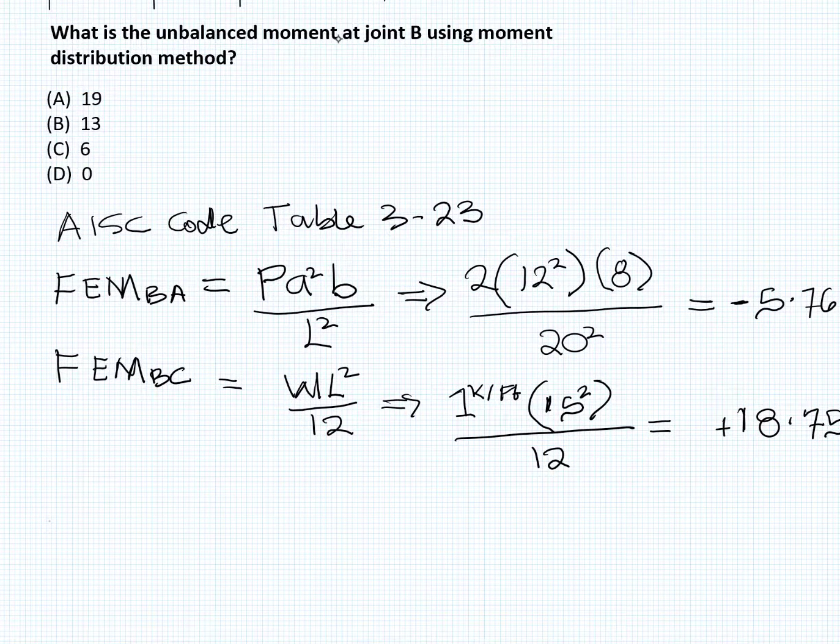The unbalanced moment at B is going to be the sum of these two values. You take the positive value, 18.75, and the other value we got, which is negative 5.76.